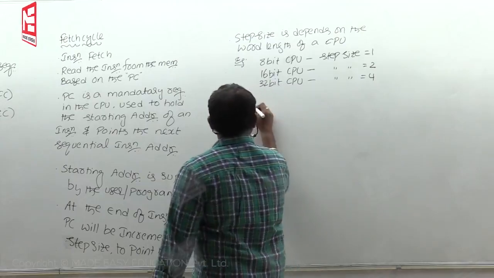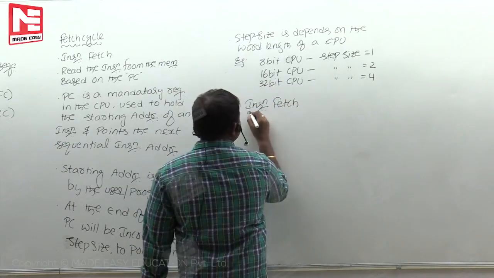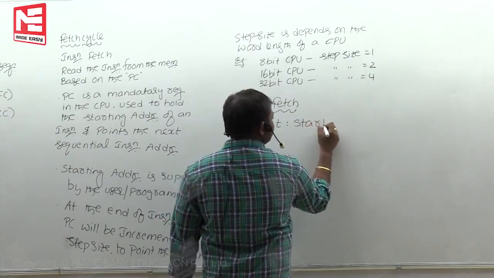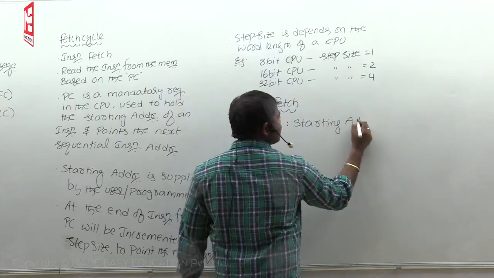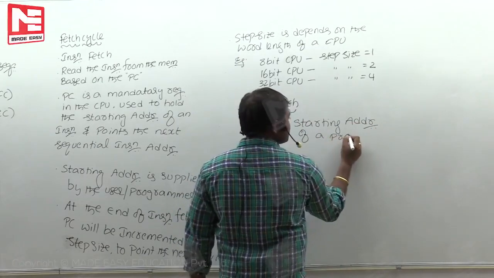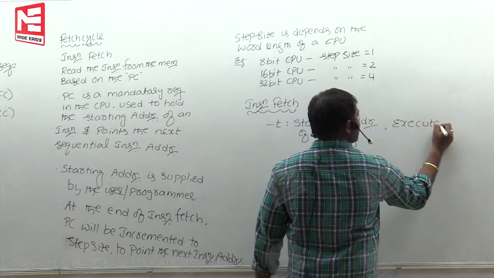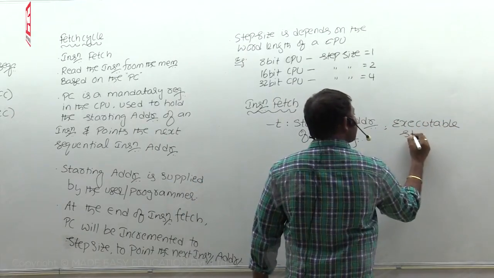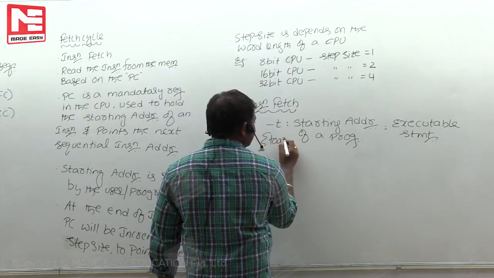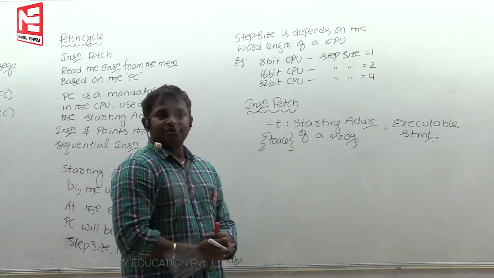If you see the sequence diagram, instruction fetch, -T: starting address of a program. This is called the executable statement. Clear? T stands for trace. Trace the program. Trace means instruction by instruction execution.